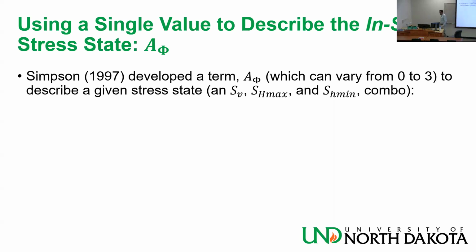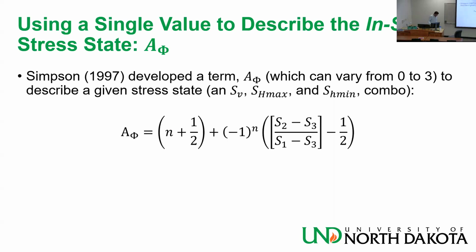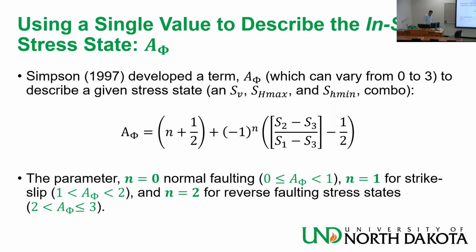And it was a correlation he came up with, which is given by this. It's a little bit complex, but it should lead to a value in the range from 0 to 3. And how does that work? If you are in a normal faulting stress state, SV is bigger than SH max, which is bigger than SH min, and your n should be 0.